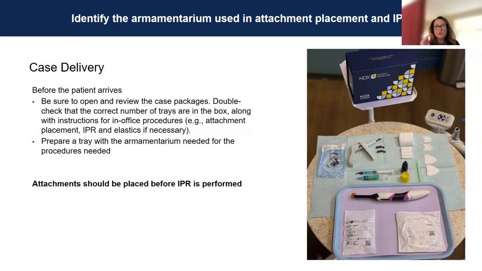Most aligner companies will show you which teeth need the IPR or your attachments. And then before my patient comes in that day, I have my armamentarium tray set up with the instruments that I need. But it's very important that you place your attachments before you do your IPR.